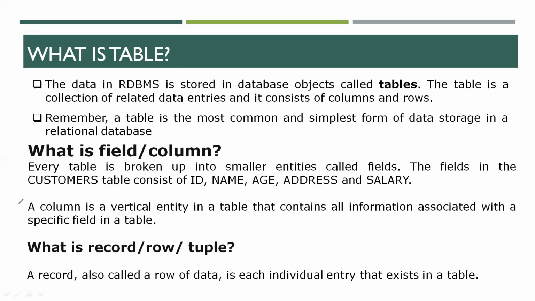Now, a column is a vertical entity in a table. We all know that in a table, the vertical representation is called a column, and the horizontal representation is called a row. So, a vertical entity in a table contains all information associated with a specific field in the table, right?